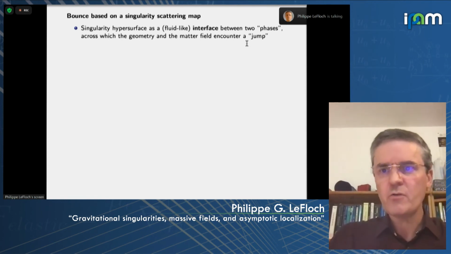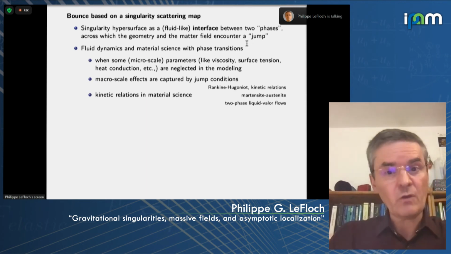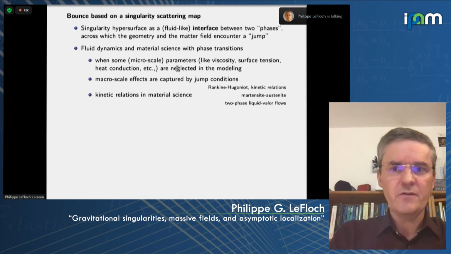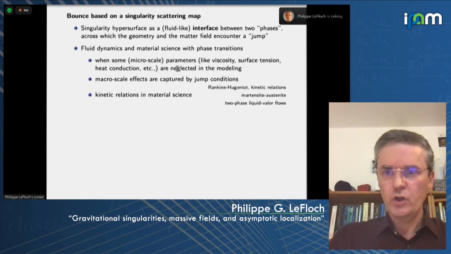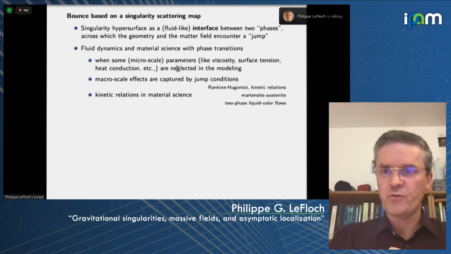But if you properly rescale, you can really think of it as a jump in the rescaled variables. So I already explained that the effect of certain scales across the interface is essential. I do not want to introduce these scales at this stage of the description, but I want to remember that these effects are there.